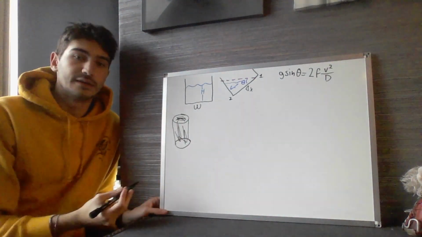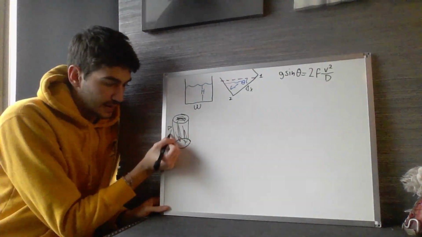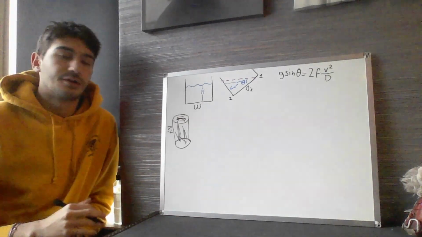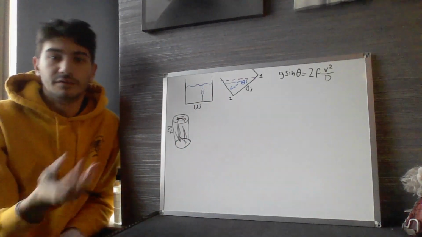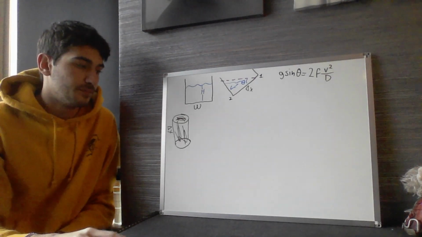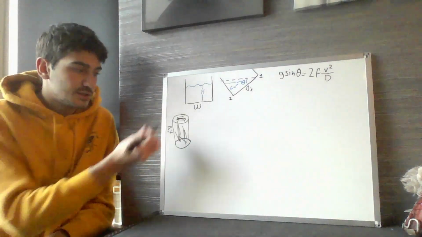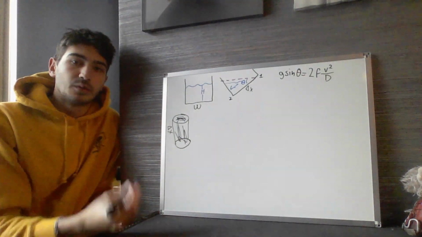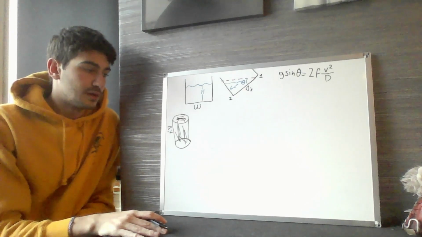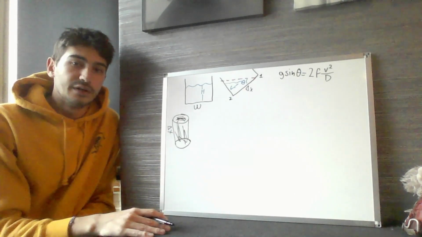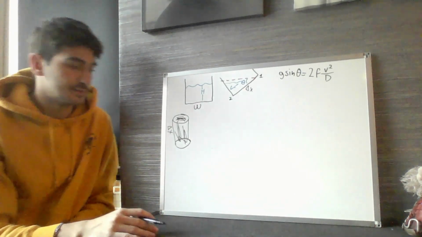Instead of calling this the height, I'm going to call this delta x, so that it will help us bring this equation back into this instance. So what we can do with this is work out a force balance equation so that we can get a value for the shear stress, right?